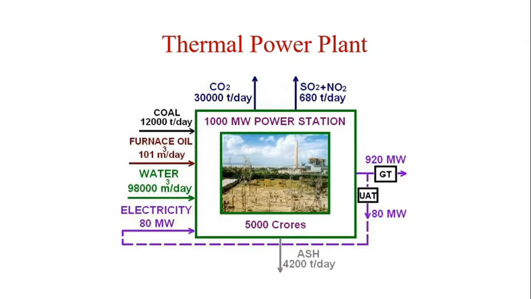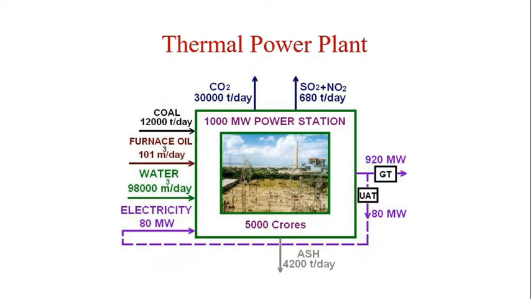Now let's see some statistics about a thermal power plant. Let us consider a thermal power plant of 1000 megawatt output power, which requires an investment of 5000 crores. This thermal power station requires 12,000 tons of coal per day.